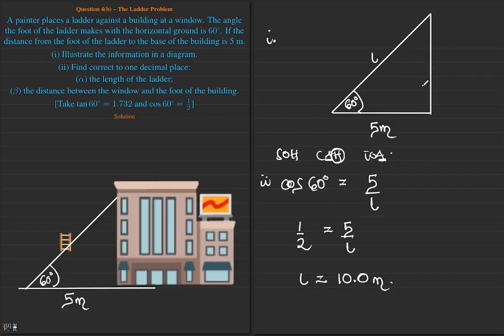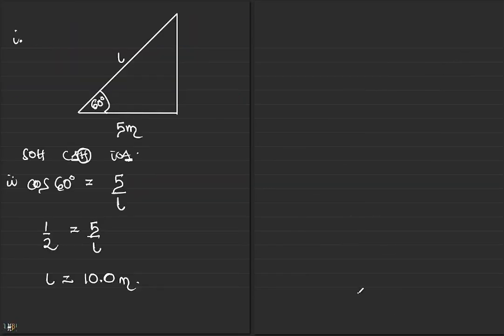So we can easily make the opposite the subject. What I mean is the tangent of 60 degrees is equal to opposite over adjacent.